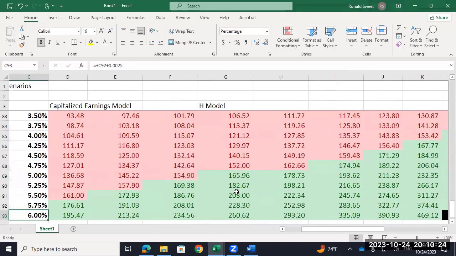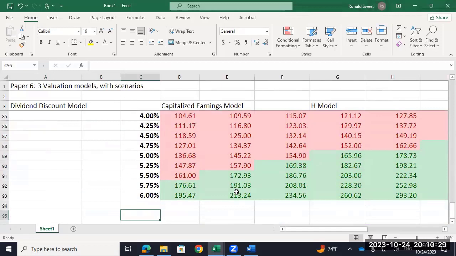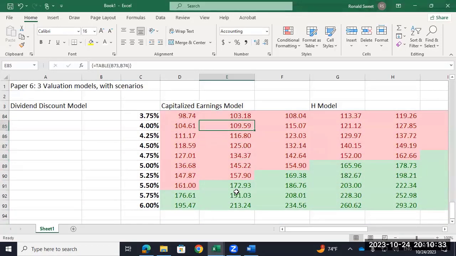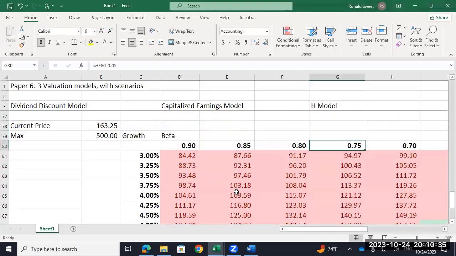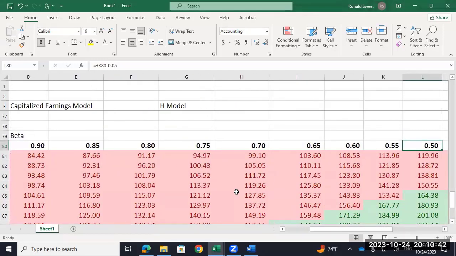The last thing you're going to do is, I think my base case is 171. So my growth rates are between 4 and 5. My betas are between, say, maybe 50 and 70.